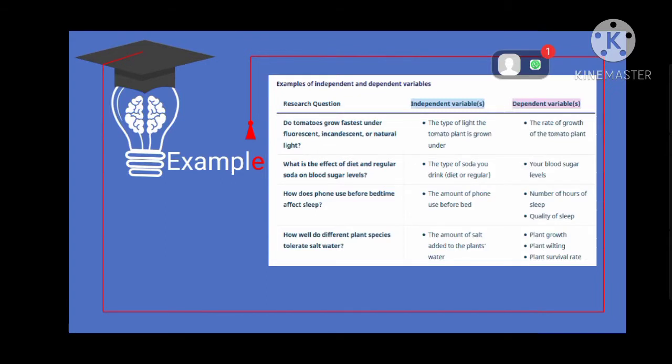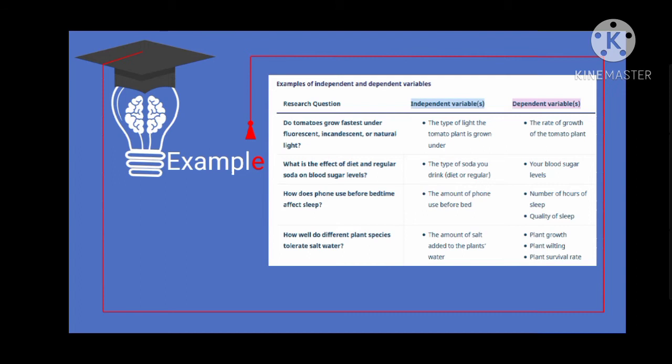Okay, going to the examples of independent and dependent variables, so you can easily understand the difference between both variables. The first question: do tomatoes grow fastest under fluorescent, incandescent, or natural light? The independent variable of this kind of research is the type of light that the tomato plant is grown under.